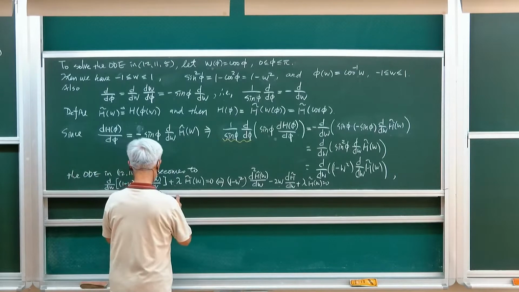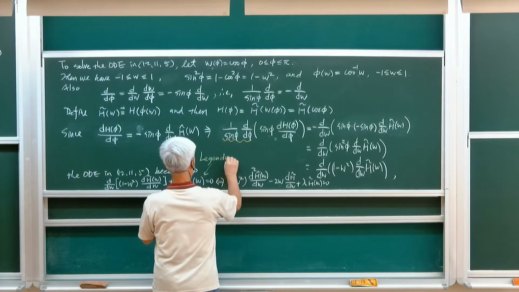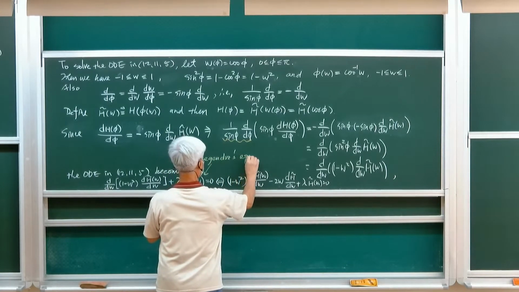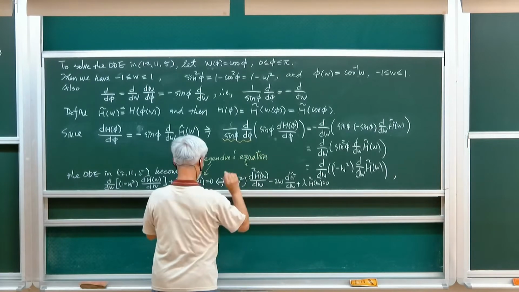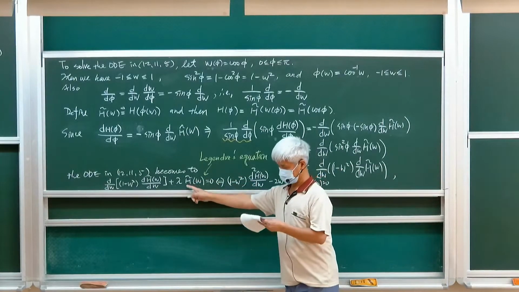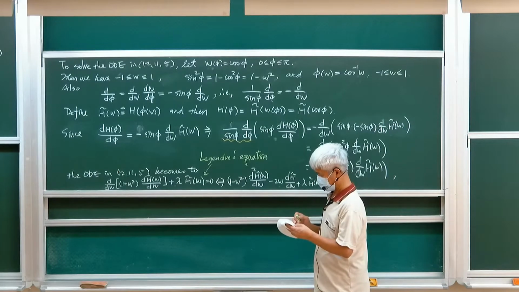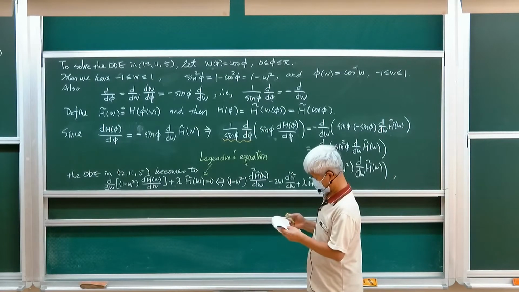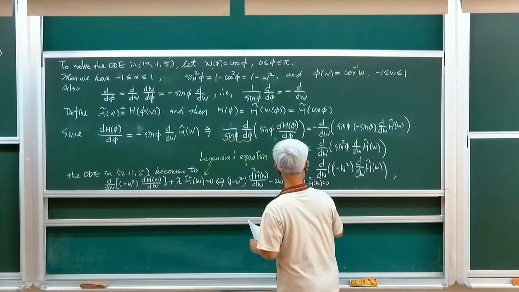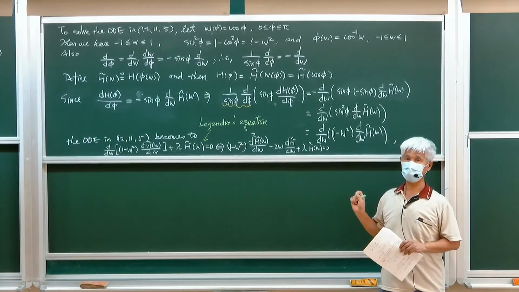And so this is the Legendre equation, right? So this is the Legendre equation with parameter lambda there. Any questions up here? This is the Legendre equation.